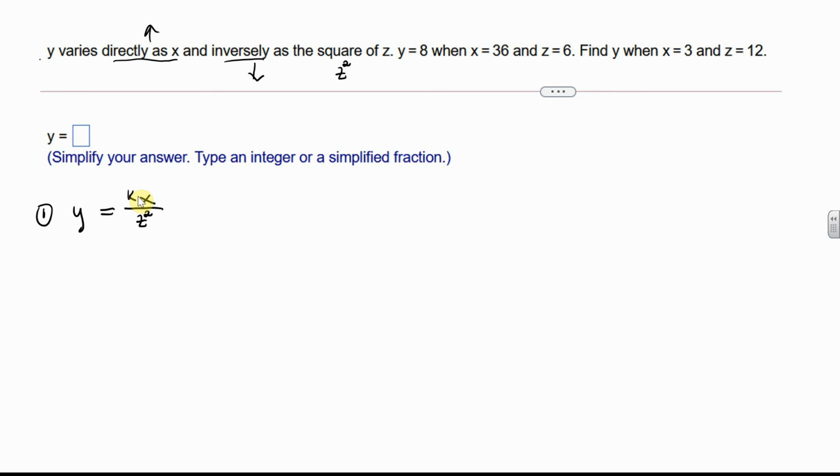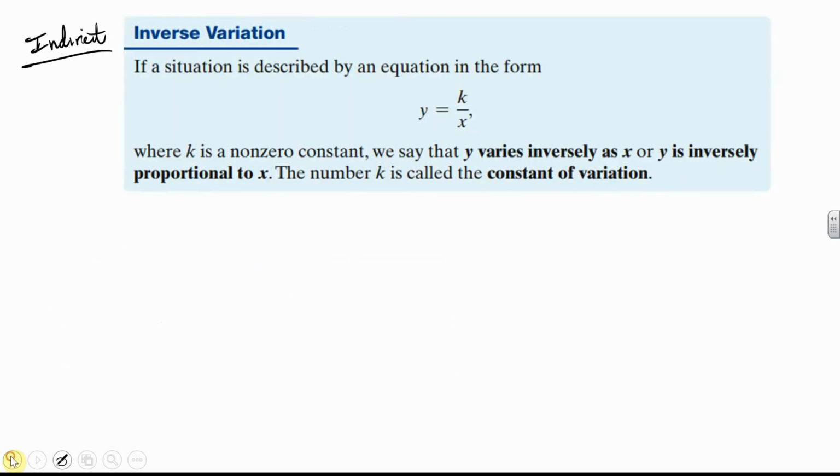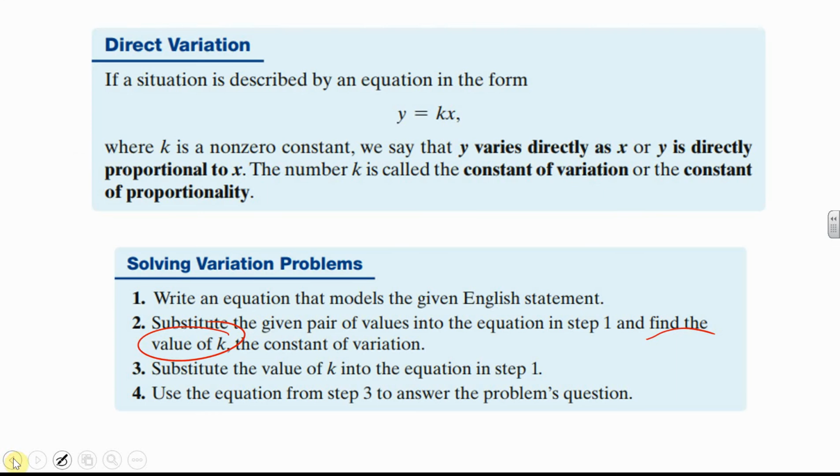So it's like this first step, second step, third step, fourth step. And what steps am I referring to? I'm going back here to these steps here. 1, 2, 3, 4.